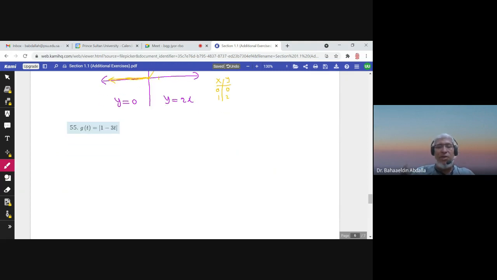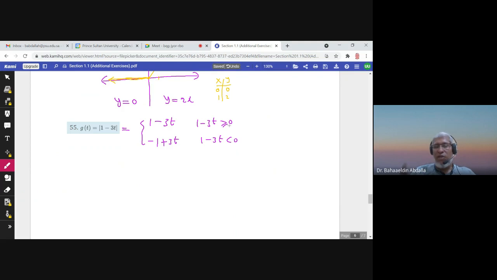What about this function? This is an absolute value, so it has two definitions. Either it is 1 minus 3t if 1 minus 3t is positive, or it is negative 1 plus 3t if 1 minus 3t is negative.